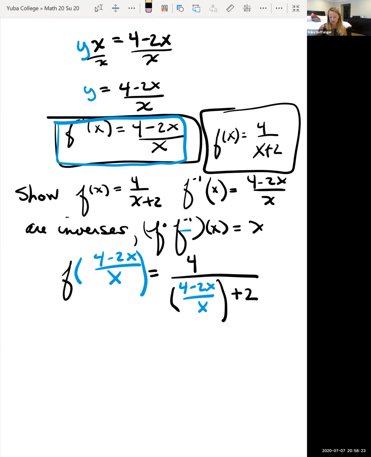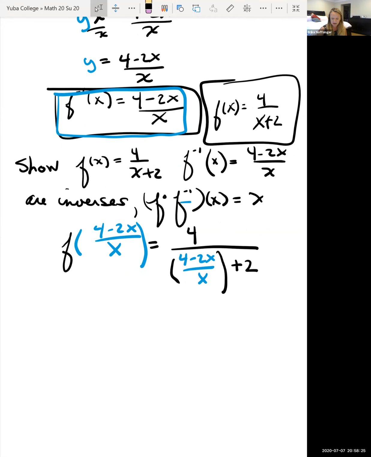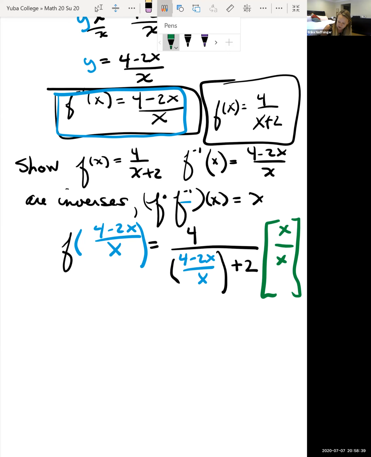So complex fraction, you can clear this by multiplying by the LCD of the fraction within the fraction. Well, there's only one fraction within the fraction, so that LCD is x. If we distribute, well, there's only one term in the numerator, and nothing cancels, we have 4x all over, but the x times the first grouping, 4 minus 2x over x in the denominator, x's cancel.